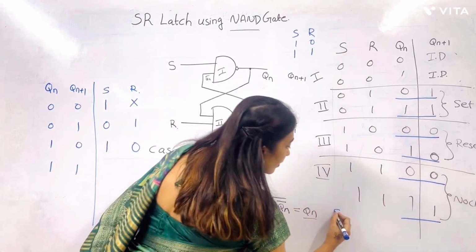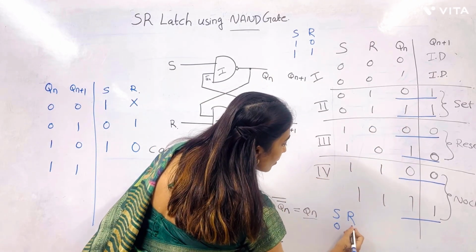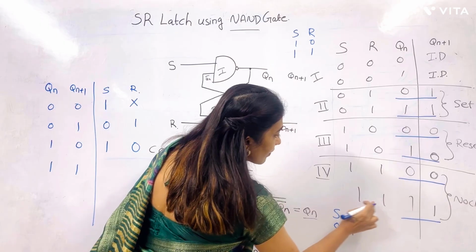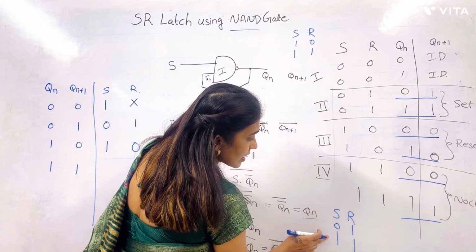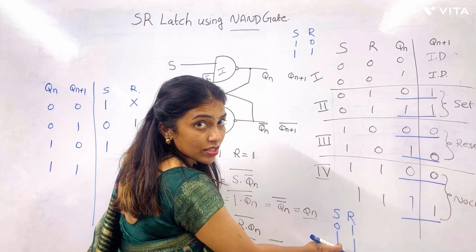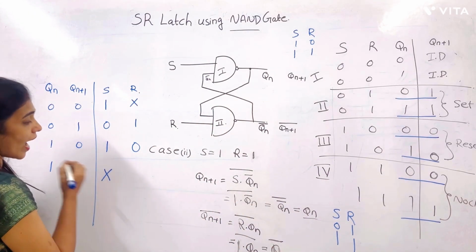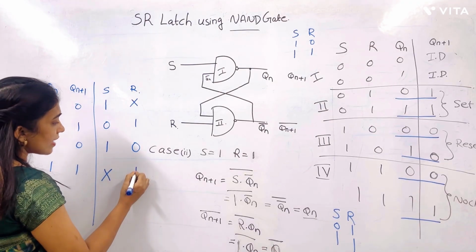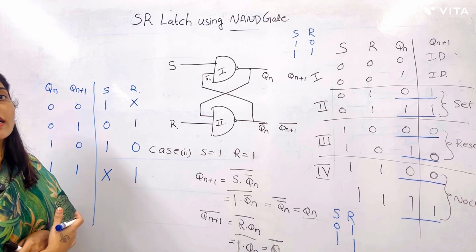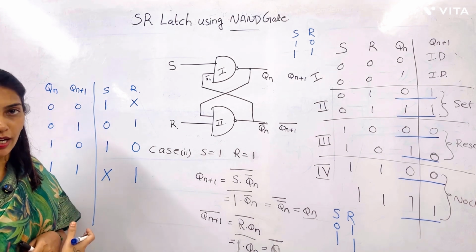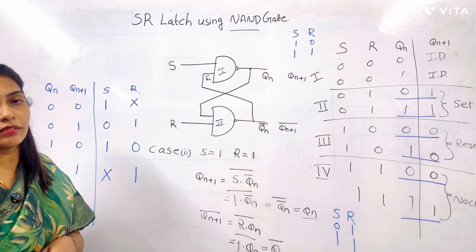The first 1 1 is when S value 0, R value 1. The second 1 1 is when S value 1, R value 1. So here S value is changing, right? R value doesn't change. So in the excitation table, S value is X, R value is 1. So this is the excitation table. The excitation table is taken from our truth table only.